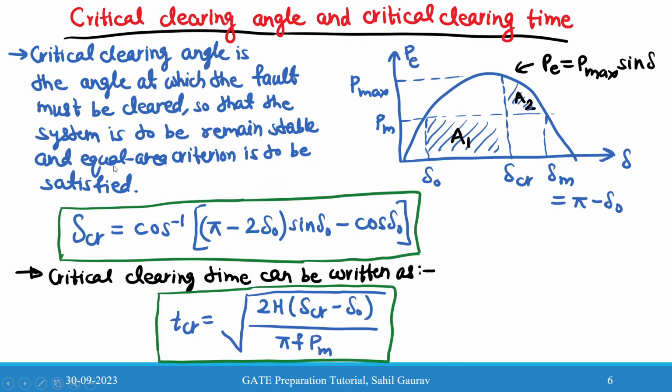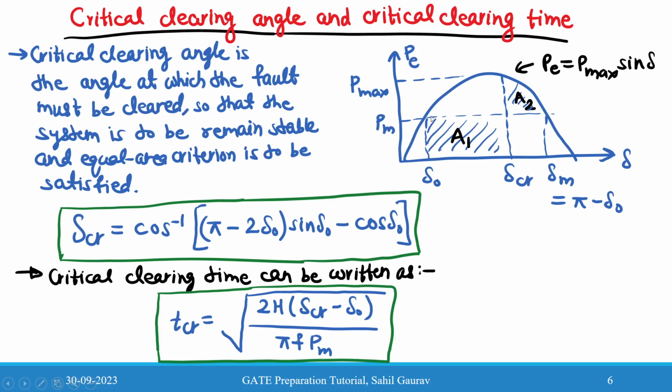Next is the critical clearing angle and critical clearing time. What is the critical clearing angle? It is the angle at which the fault must be cleared so that the system remains stable, and the equal area criterion is satisfied. Here is the P-delta curve, and Pm is the mechanical power, with the initial rotor angle.